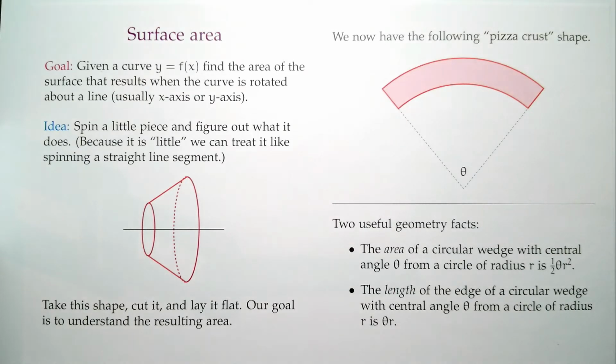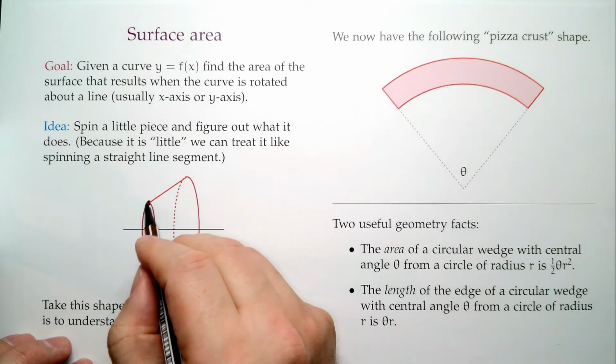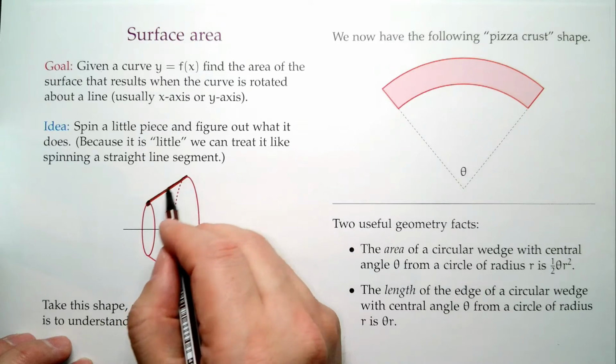But okay, so what do we do? Well, our ideas are always the same. We say, well, let's break things into little tiny parts and understand what's happening on each part. Now, if we think back to last time, we talked about arc length. And we said, hey, we can break our curve up into little straight line segments. So we're going to focus on, at the start, imagine that we have just a straight line segment.